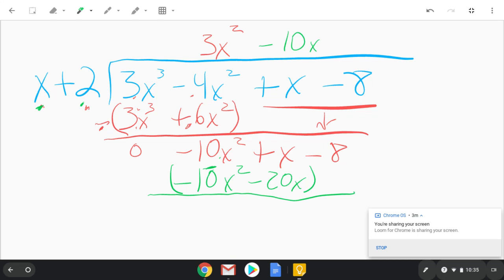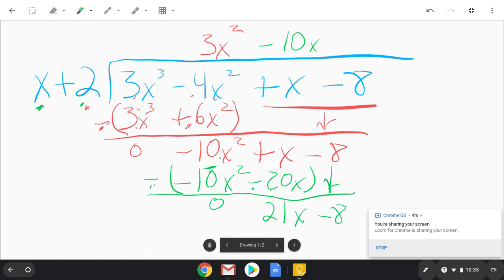So negative 10x squared minus negative 10x squared is 0. And then we're going to have x minus negative 20x. So here we're minusing a negative, so that means addition. So x minus negative 20x gives us 21x. All right, and then bring down our minus 8.